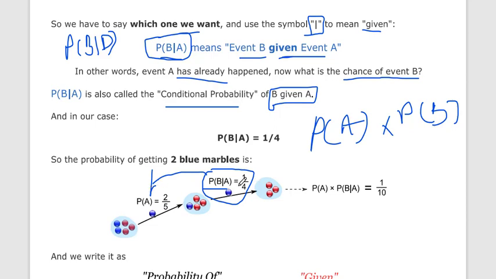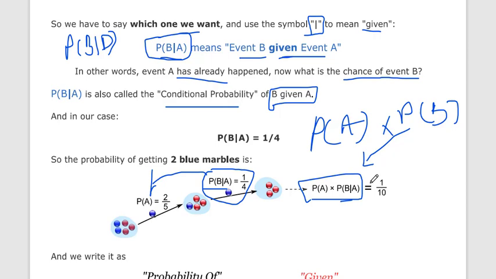P of B per A, but our formula will remain the same. Instead of P of B, we use this notation, P of B per A, so we do not get confused between independent and dependent. The formula is the same, but we have given a different notation for the conditional probability.